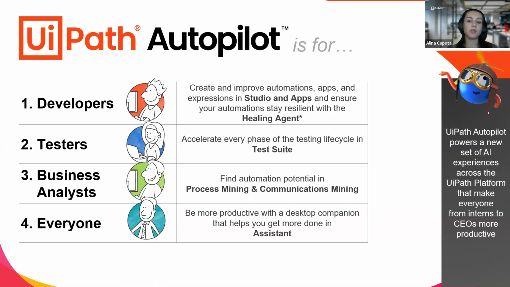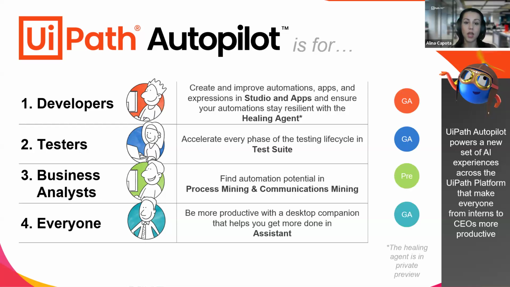We have Autopilot for testers that can generate test case definitions, which can later be automated with Autopilot for devs, and then Autopilot for Everyone, which is able to complete daily tasks using AI and automation. Now, these are mostly GA, except for the business analyst, which is in private preview.